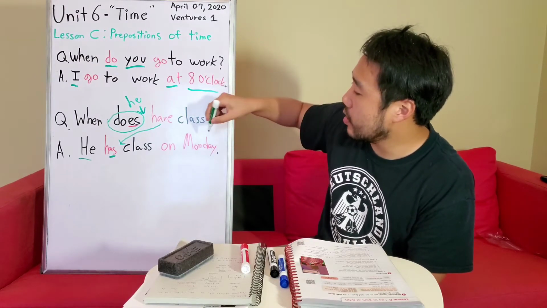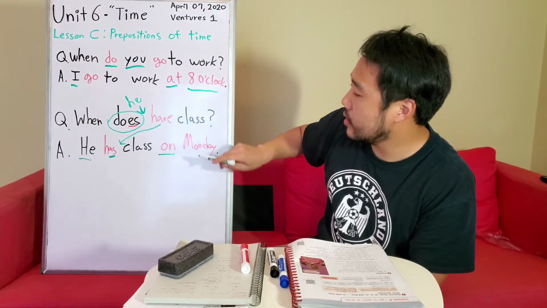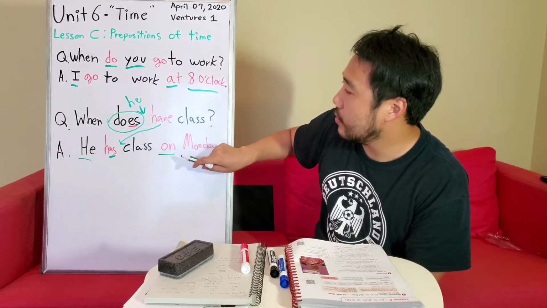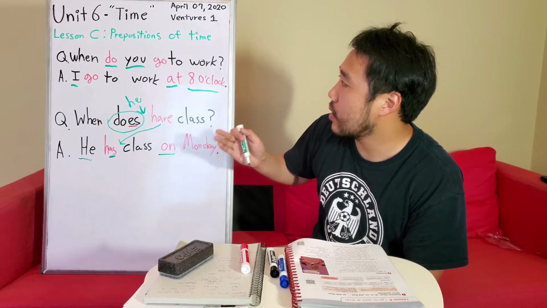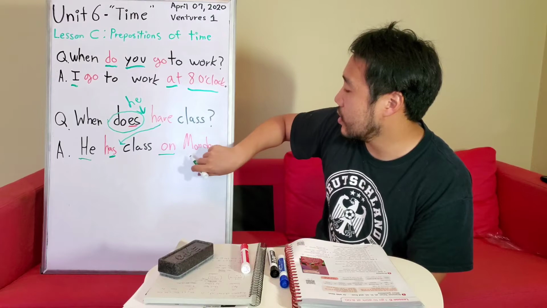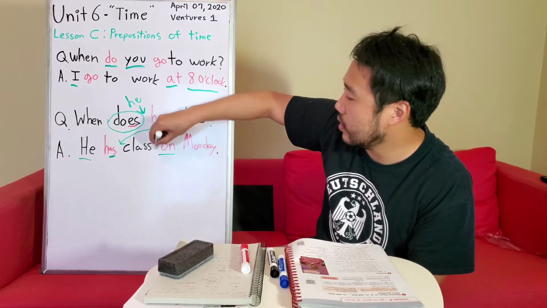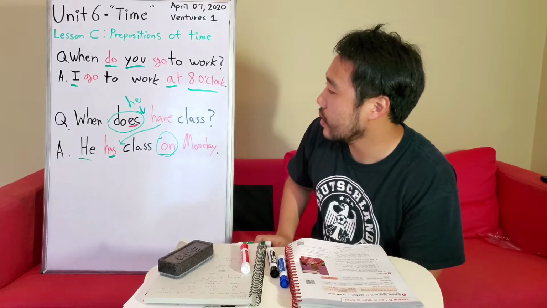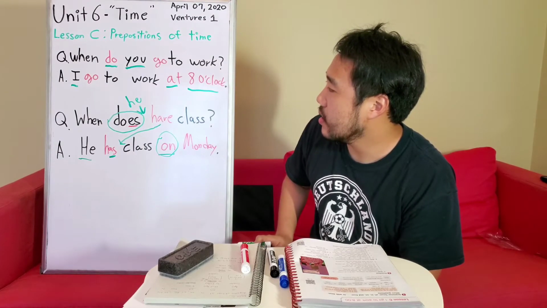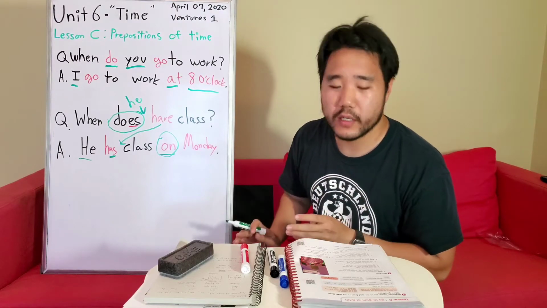And then here we use on because on is the preposition for when we are talking about dates and days. And here is Monday. So we have to use on. I hope that this wasn't that confusing.